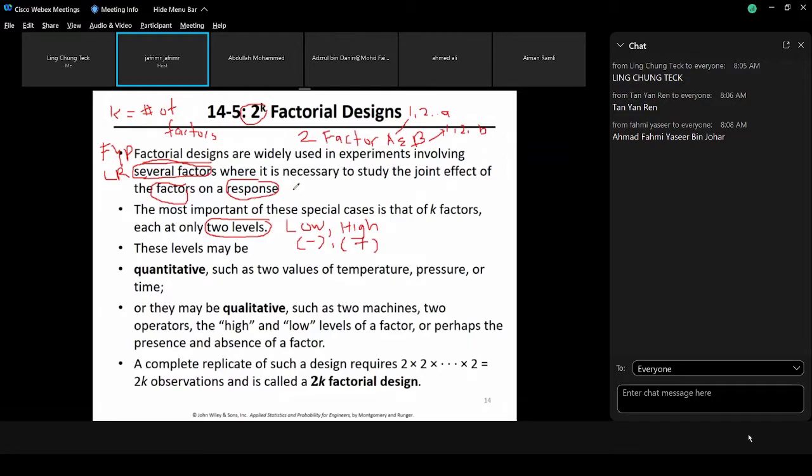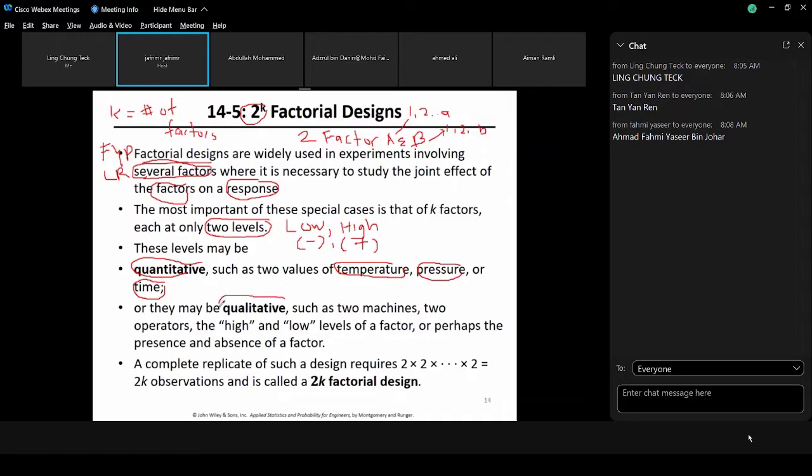So this level, low and high, could be quantitative. For example, if you talk about temperature, maybe you run at 60 to 70 degrees, something that we can measure, like pressure or time. This is quantitative, numbers. Sometimes it could be qualitative.